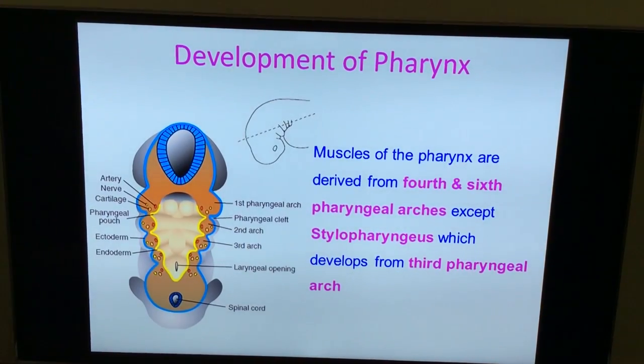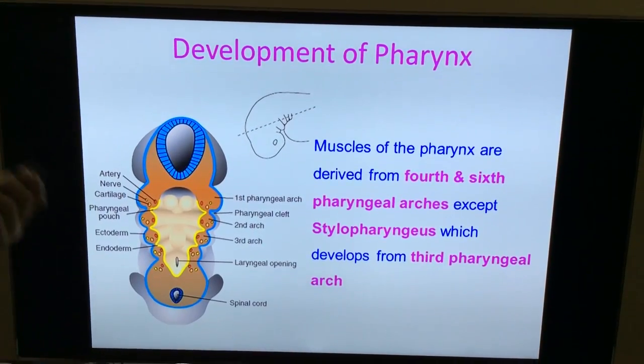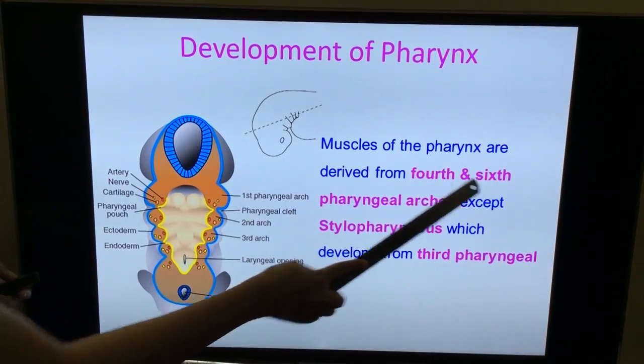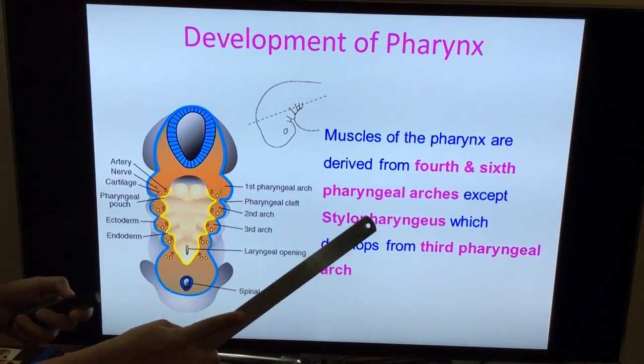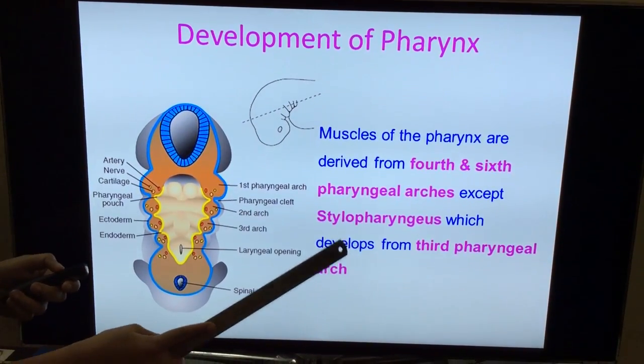The next, coming to the development of the pharynx. The pharynx again is from the pharyngeal arches, mainly from the 4th and the 6th pharyngeal arches. The 4th and 6th arches also contribute to the development of the larynx, the cartilage and muscles of the larynx.